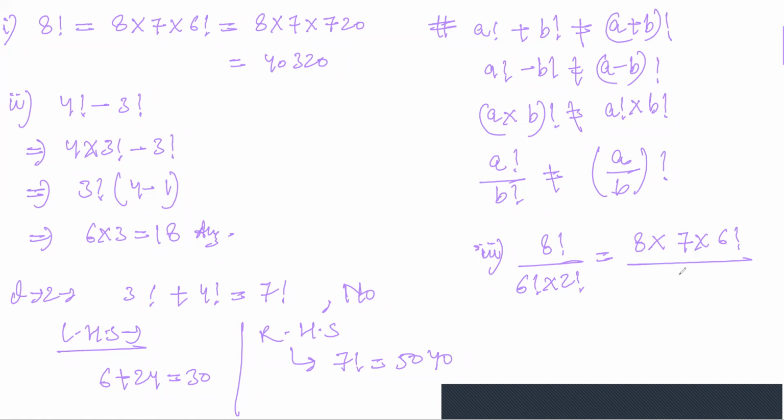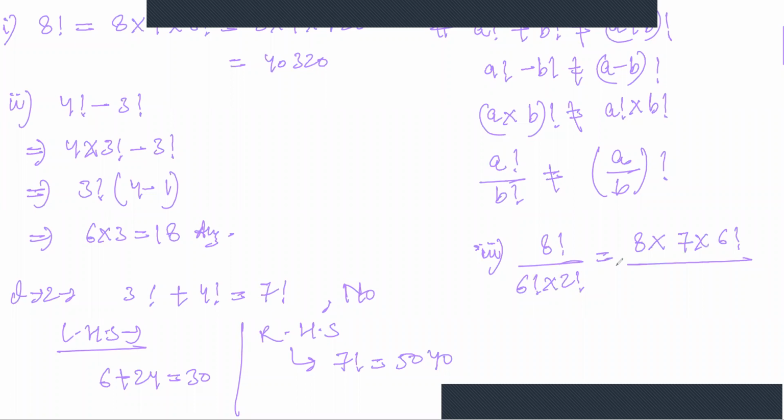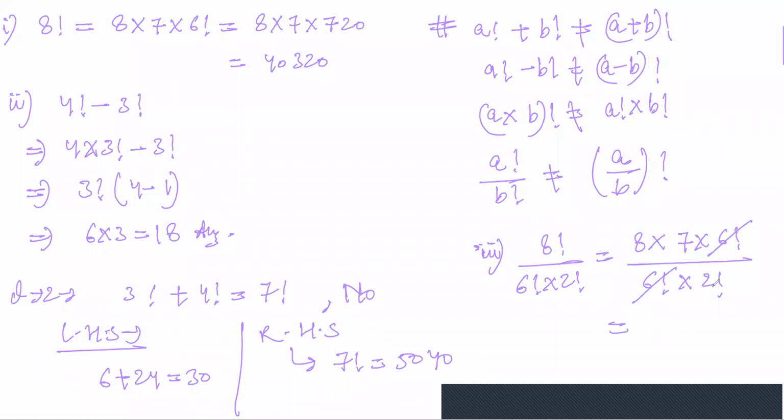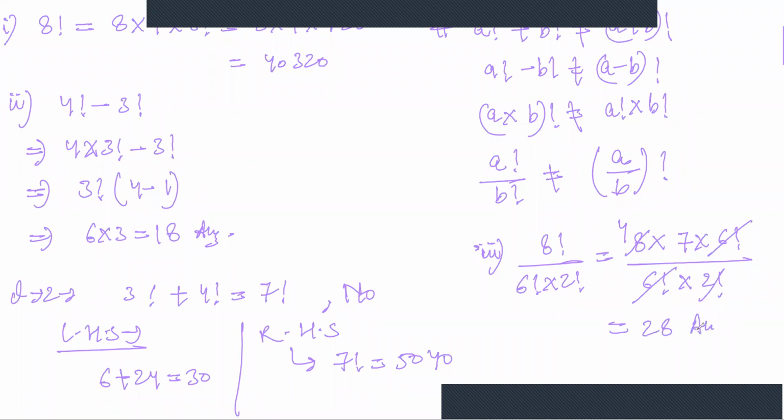But instead of writing down all the 8 multiplications, I can just easily write this as 8 into 7 into 6 factorial, because 6 factorial is already given in the denominator. So it will directly cancel out. And 2 factorial is 2. 2 will cancel out this 8 as 4. Answer is 28. So just use this property. These are some properties which I will write.